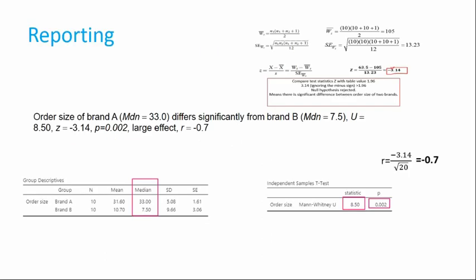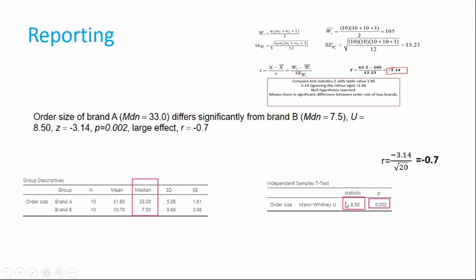Now, how to report? These were our two output tables, and this is the screenshot I have shown you of how to calculate the Z value manually, minus 3.14. Taking it together, I will write: order size of brand A, median 33, differs significantly, on the basis of the p-value we have taken the decision, from brand B, median equal to 7.5.